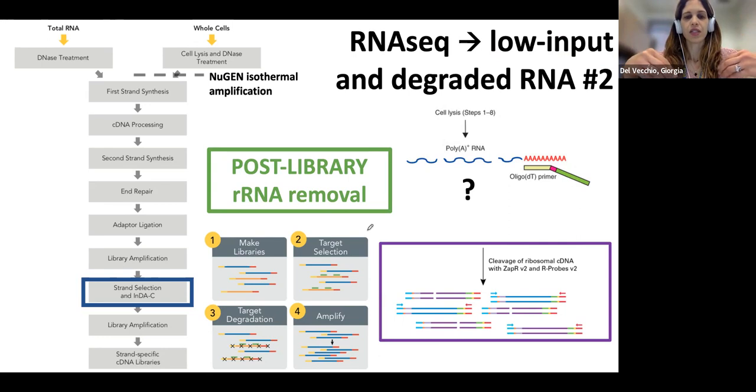So we are still using a ribosomal RNA removal approach, but it will be post-library. First of all, we will go through the whole library prep, and after the library amplification, we can perform the ribosomal removal. So now we have enough material to work with.